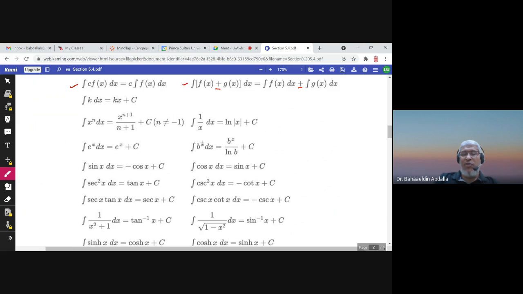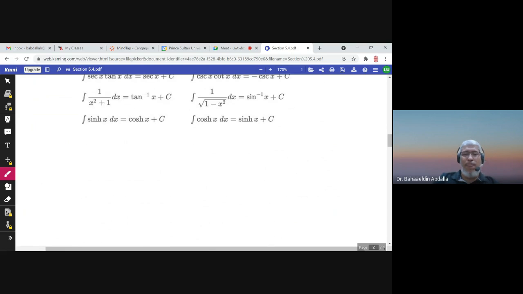Integral of b to the power x, the exponential function, is b to the power x over ln b. Remember, the derivative of b to the power x is b to the power x times ln b.